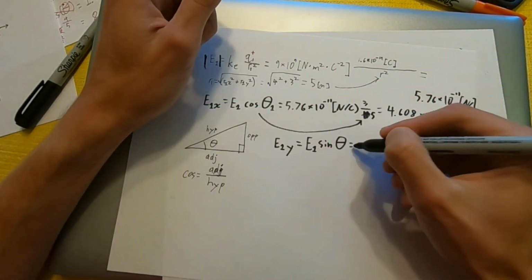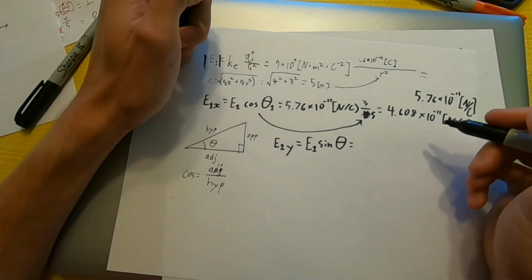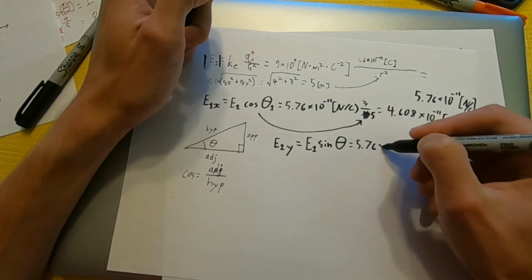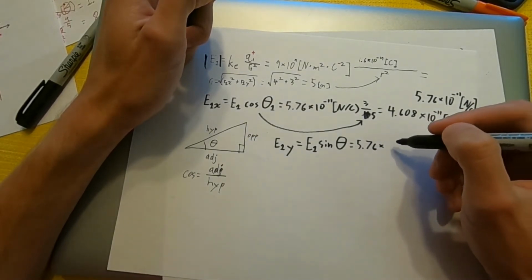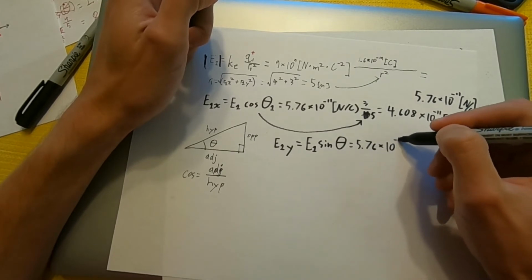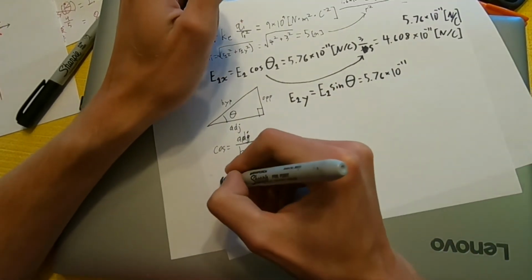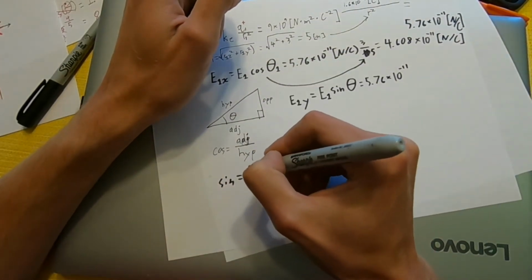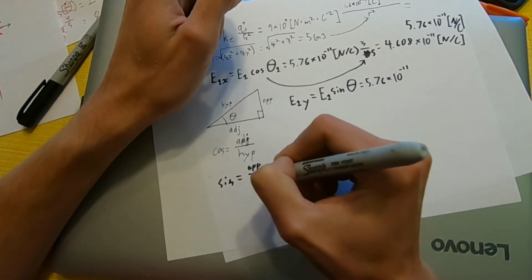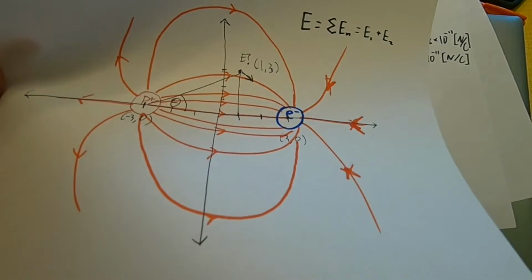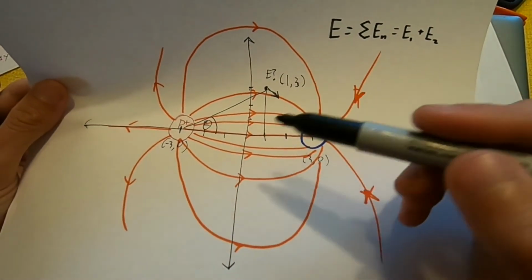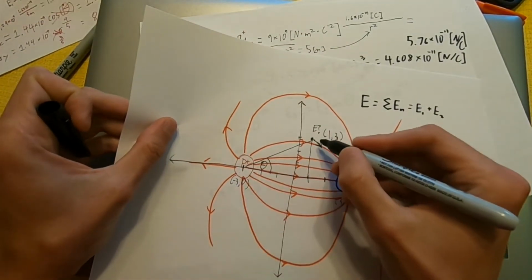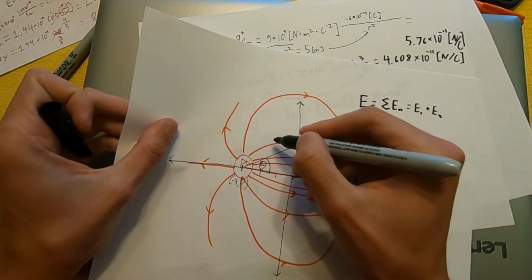So we have our charge here, which is 5.76 times 10 to the negative 11th, and we know that sine is equal to opposite over hypotenuse. So here we're going up 3 over 4, and this we figured out from our trigonometry or Pythagorean theorem that this is equal to 5.